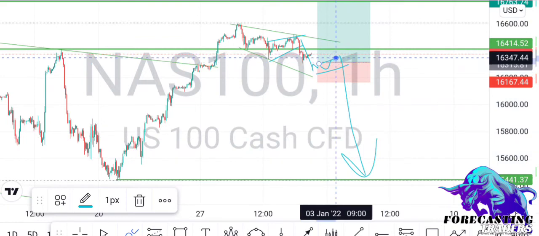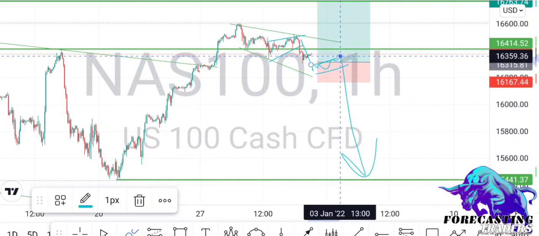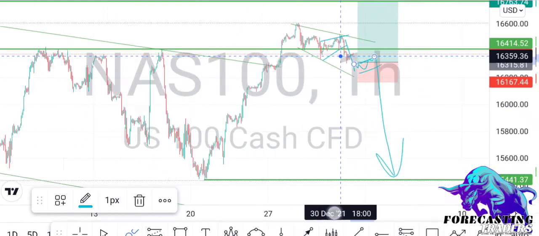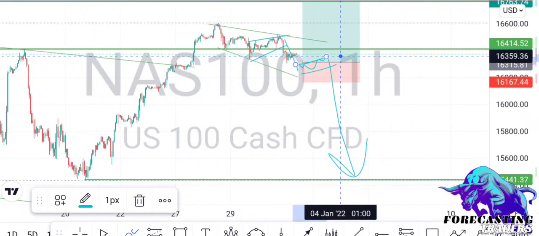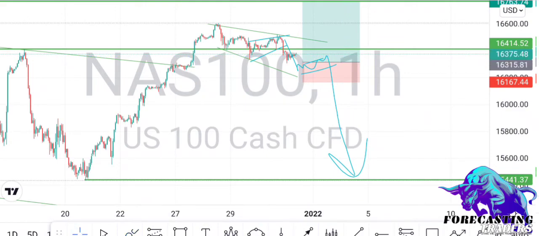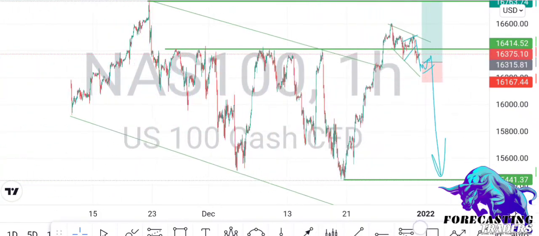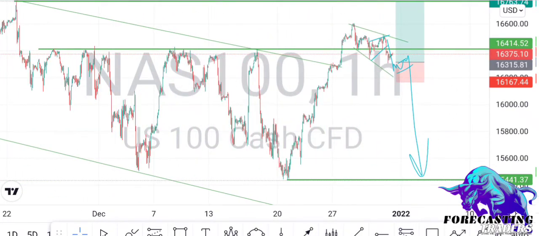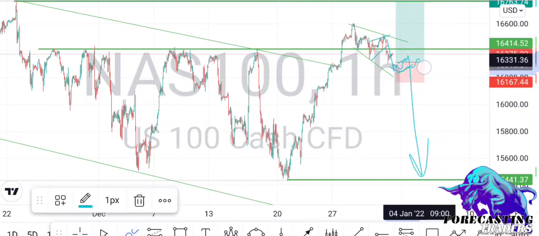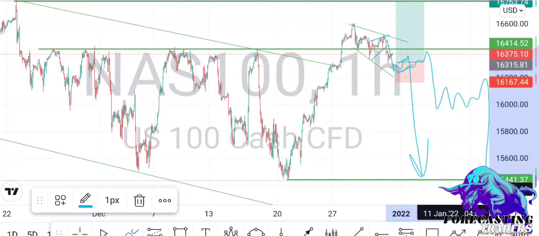This is something that we might be looking for, but the probability is that the market is going to the upside. But the possibilities are, since it did break out and then came back in, it is possible that it might give us a correction and then go to the downside.